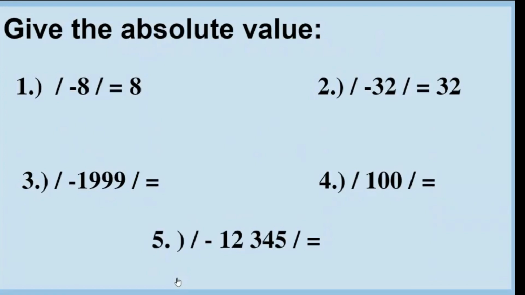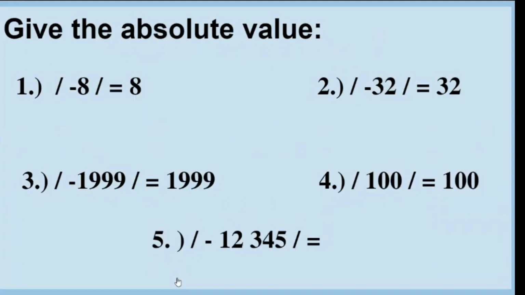How about number 3? What is your answer? Very good! The absolute value of negative 1,999 is positive 1,999. How about number 4? What is the absolute value of positive 100?